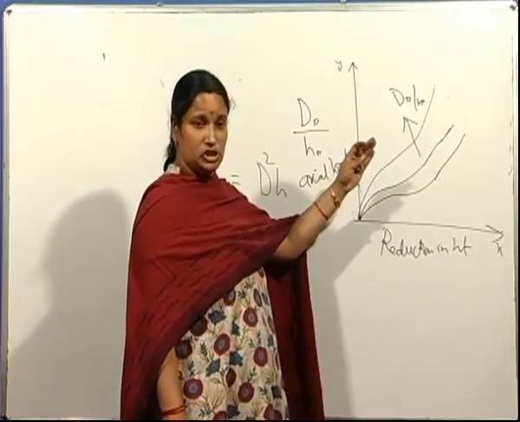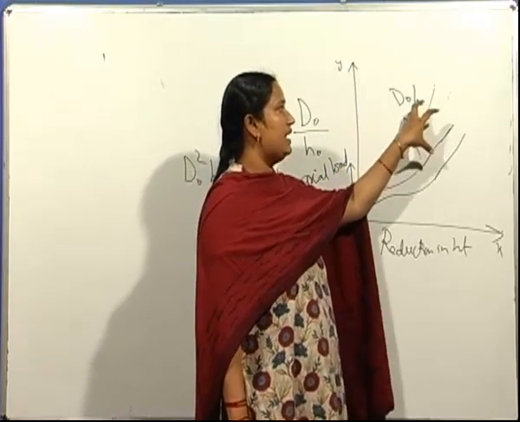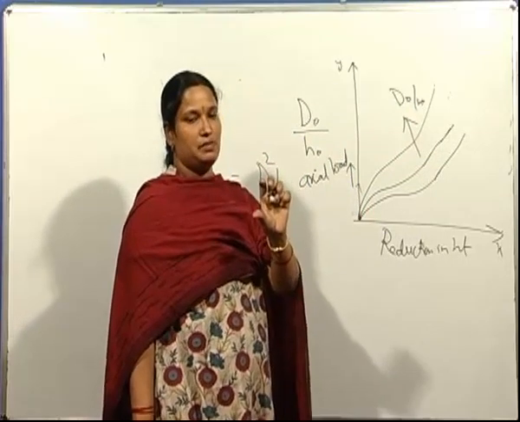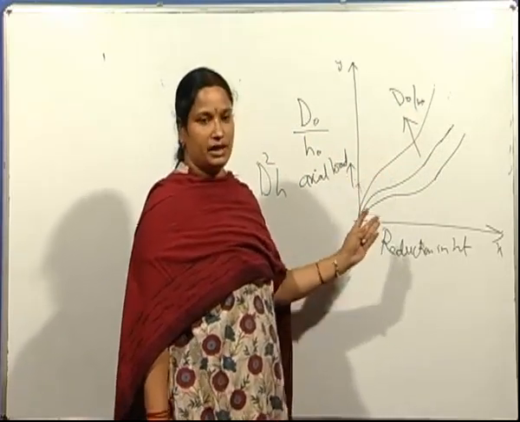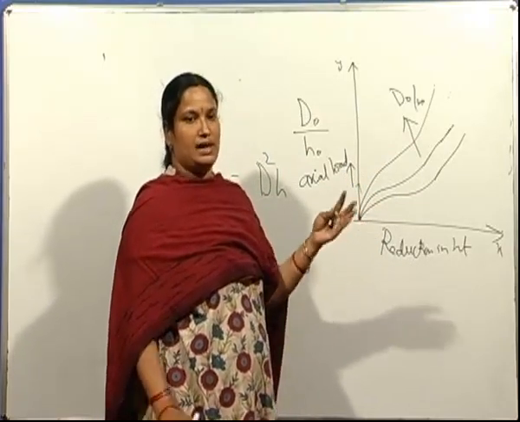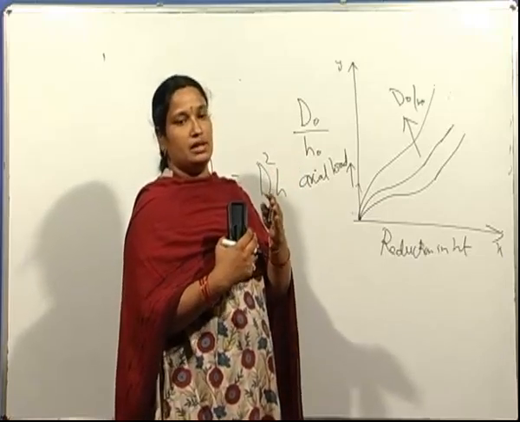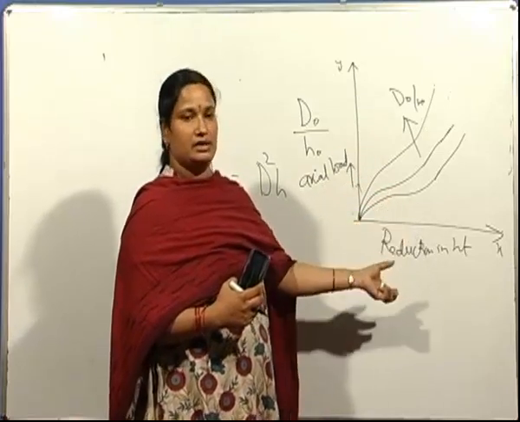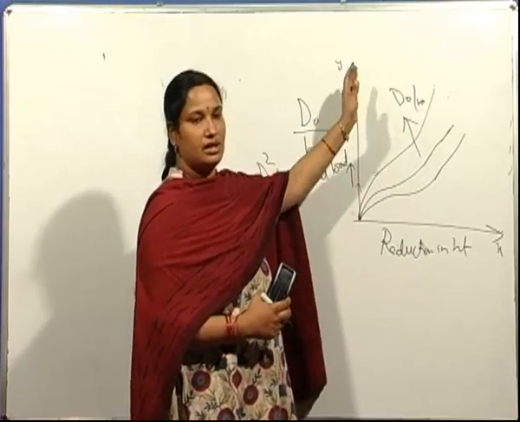As D0 by H0 increases, that means for the same diameter, similar diameter specimens, as the H0 value is lower, a shorter specimen requires more load to cause the same amount of reduction. The reason is that there is more undeformed region. As these undeformed regions overlap and come closer together, more load is required to cause the reduction in height. So as the D0 by H0 ratio increases, this curve rises.